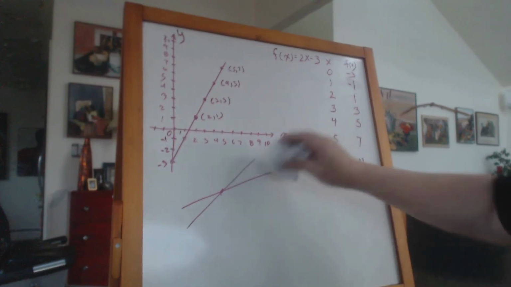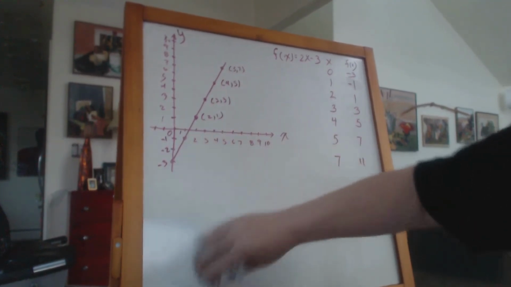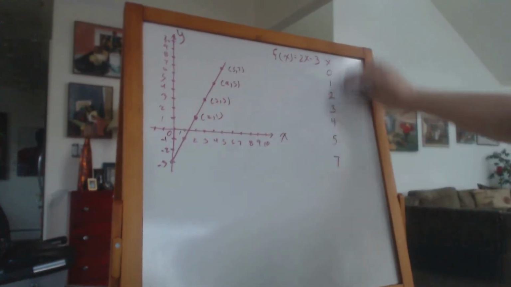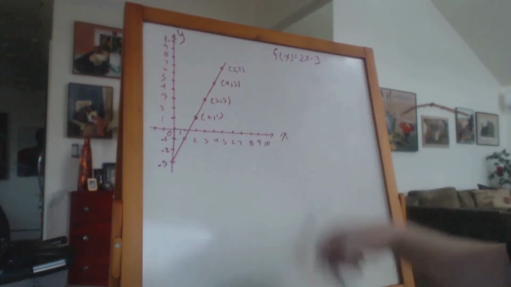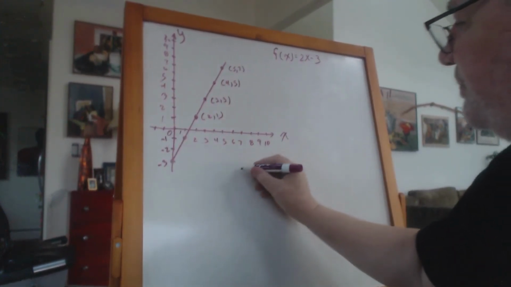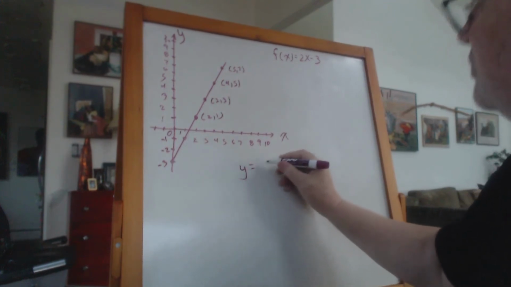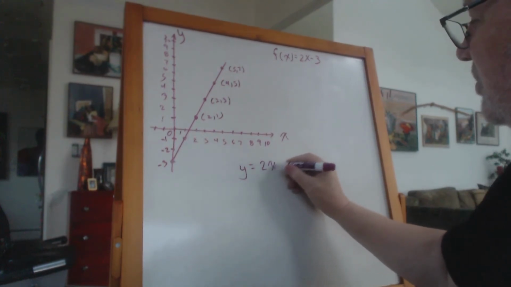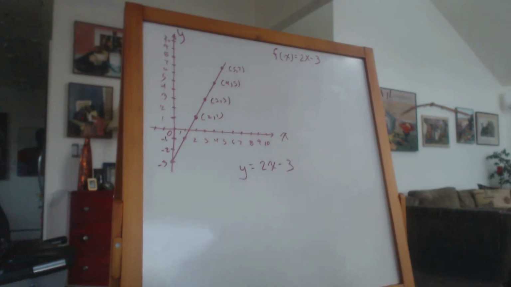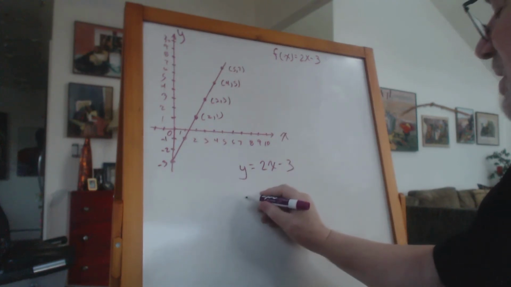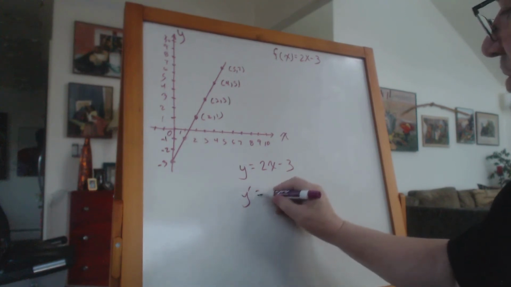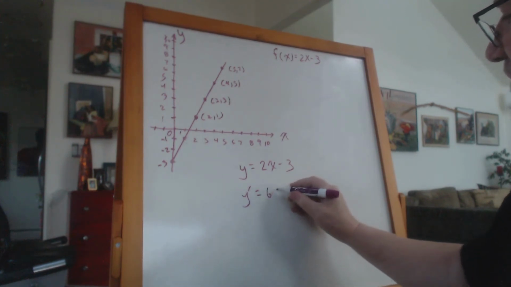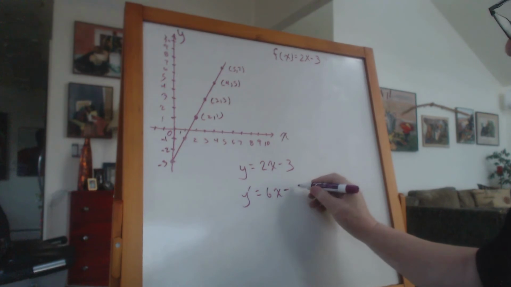So, what if we have two equations? Y equals 2x minus 3, and we have, let's say, y prime is equal to 6x minus 8.